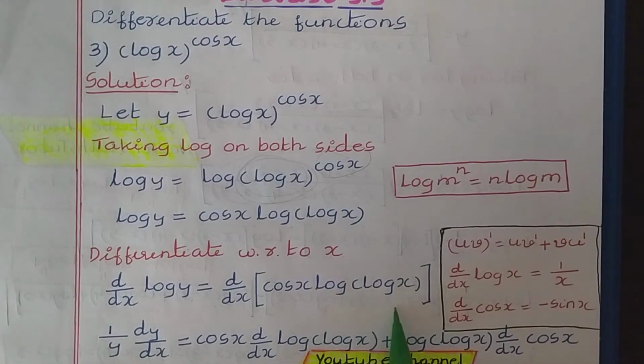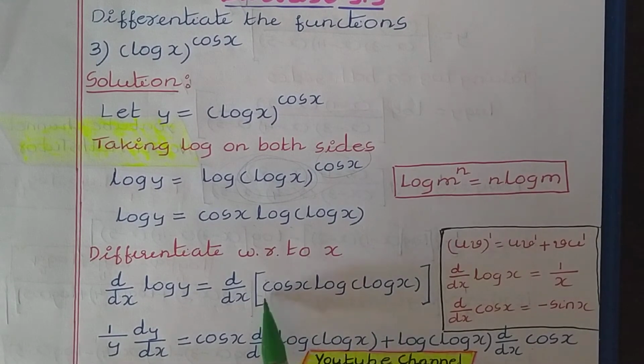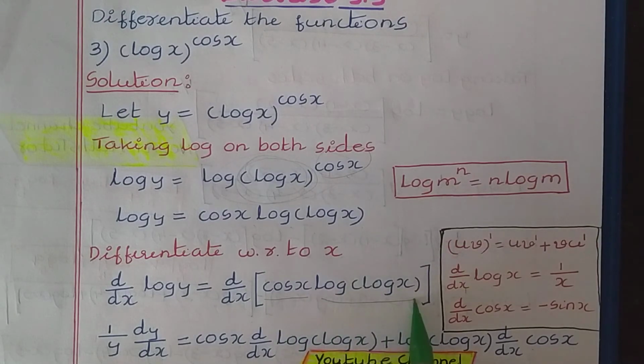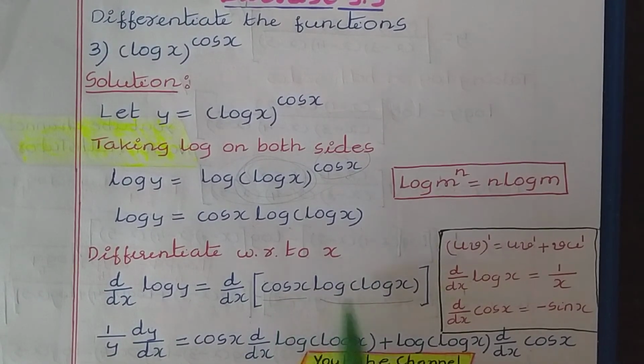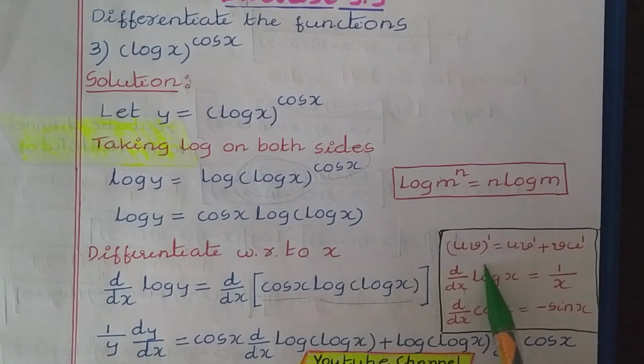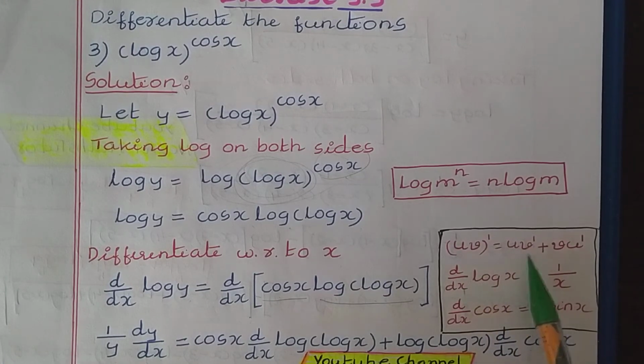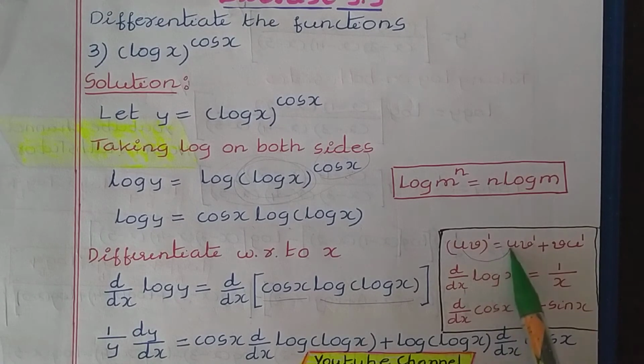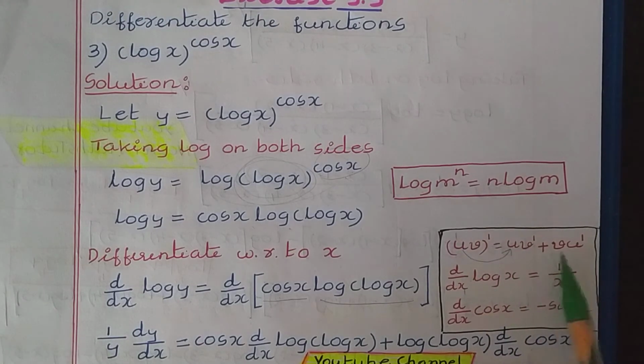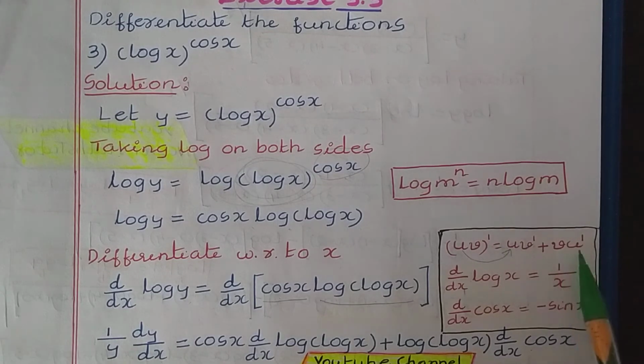Next, for this you can apply the product rule. Here this you can take as one function and this you can take as another function. So two functions we have. The product rule is, suppose if we have two functions u and v, then the derivative of u and v we can find this way. First write the first function as it is, find the derivative of the second function, plus write the second function as it is, find the derivative of the first function.